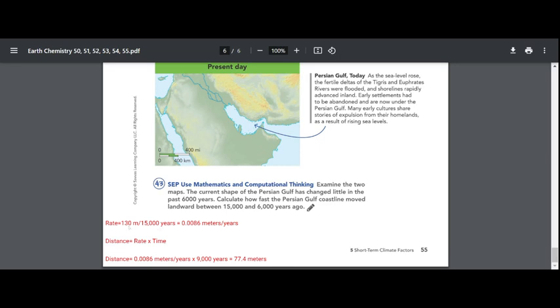Okay, so 130 meters over 9,000 years is going to give you 0.014 meters per year. Then you're going to take the 0.014 meters per year and multiply that by 9,000 years to get the distance.